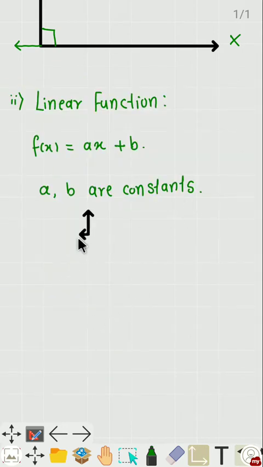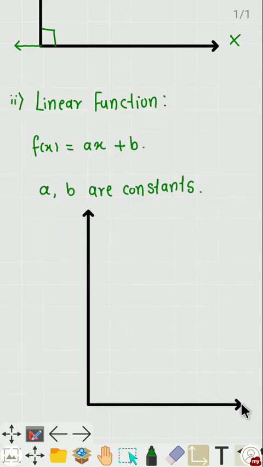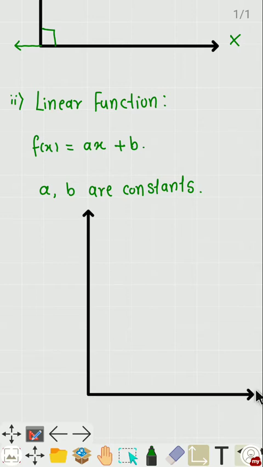Here is the x axis and y axis, both perpendicular to each other, and this is the origin.